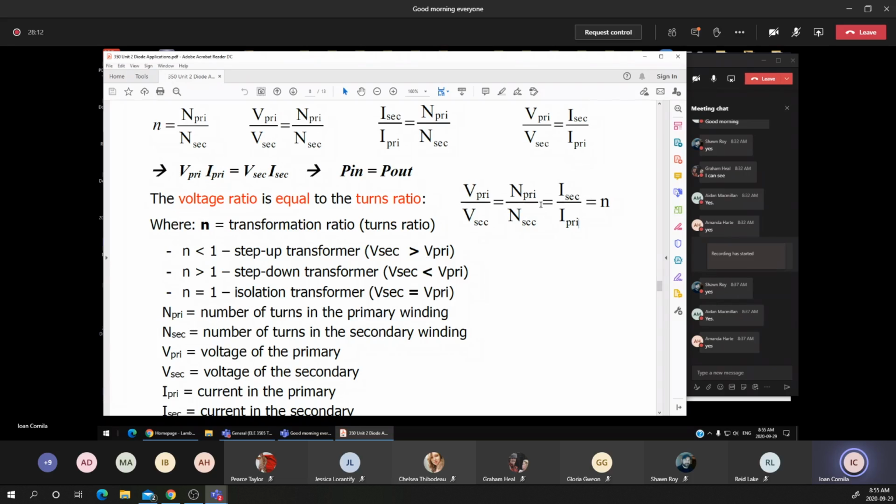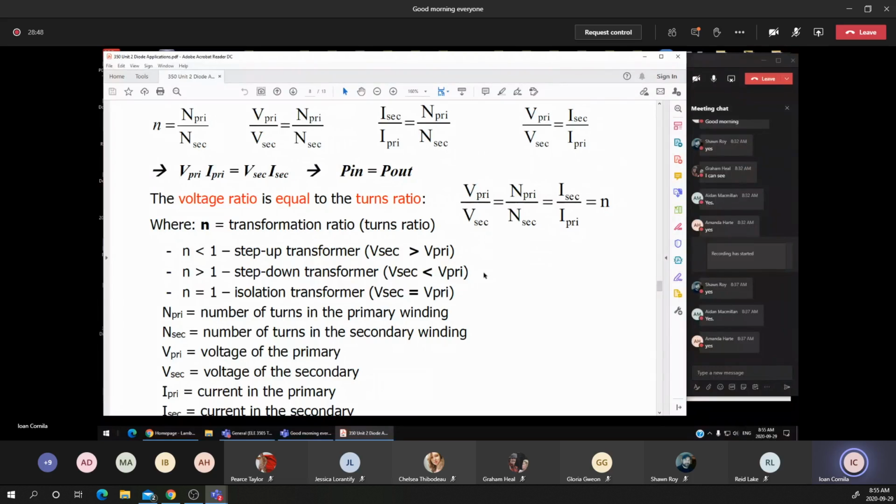If the number of turns in the primary winding is greater than the number of turns in the secondary winding, or the voltage in the primary winding is higher than the voltage in the secondary winding, which means that N is less than 1. What does that mean? That's a step-down transformer, when the secondary voltage is less than the primary voltage, or the reverse way, the primary voltage is greater than the secondary voltage.